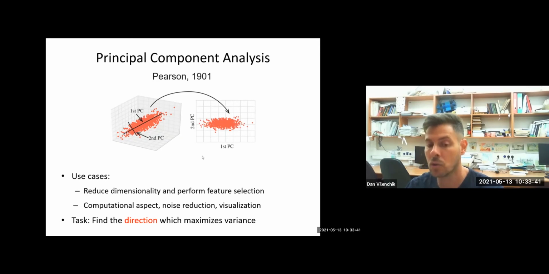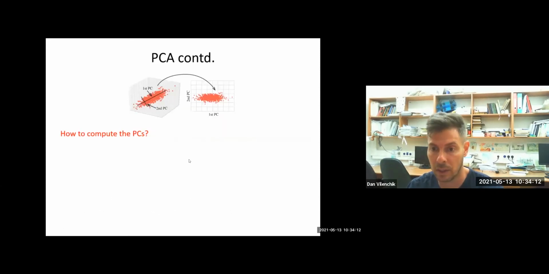But we can choose a more clever projection, according to the directions of importance in the data, which are the directions where the variance is maximized. The data is then projected on those directions. So the task is to find those interesting directions, the ones that maximize the variance, and reduce the dimensionality. Dimensionality reduction is used for many tasks: visualization, noise reduction, making things more efficient. So people use PCA a lot in practice.